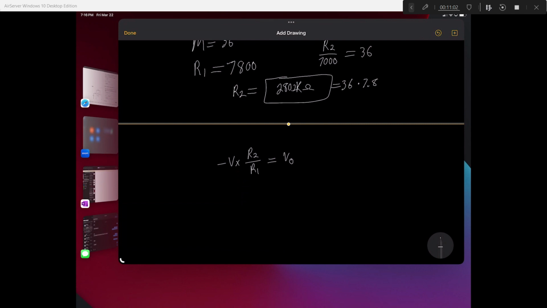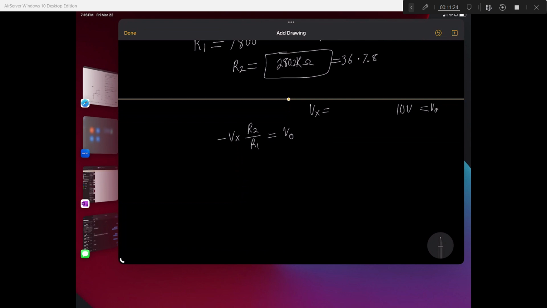Okay, so how do we determine saturation for Vx? What do we need Vx to be so that VCC, or the saturation point, is reached? Well, saturation happens at 10 volts for the output. So let's plug it in. So set V out equal to 10.